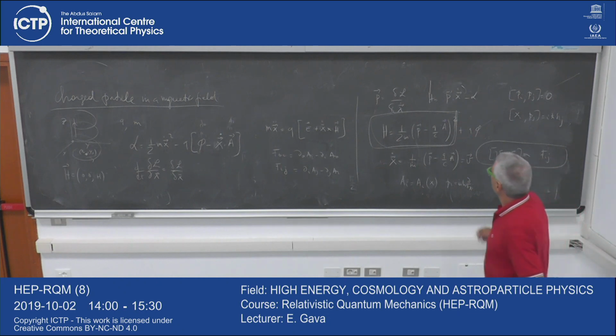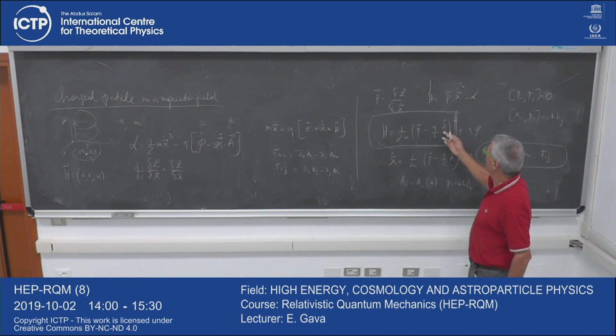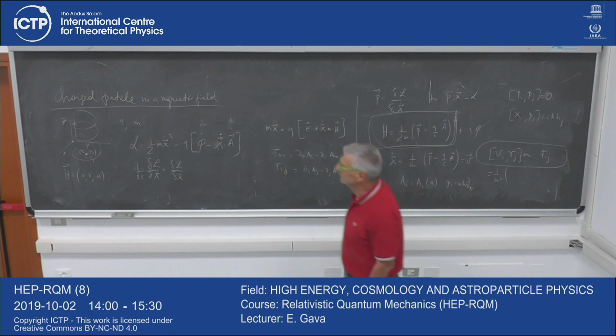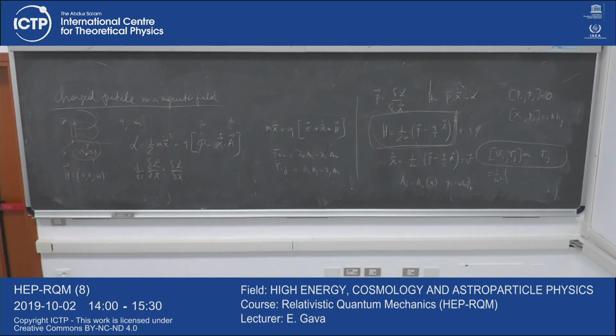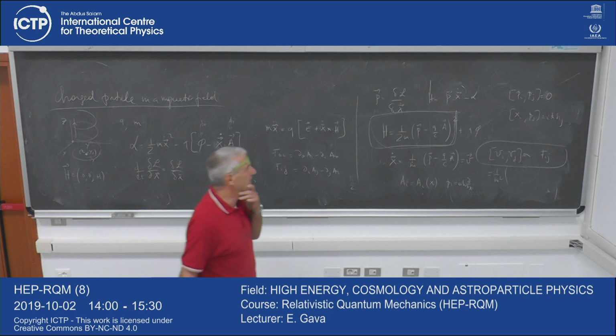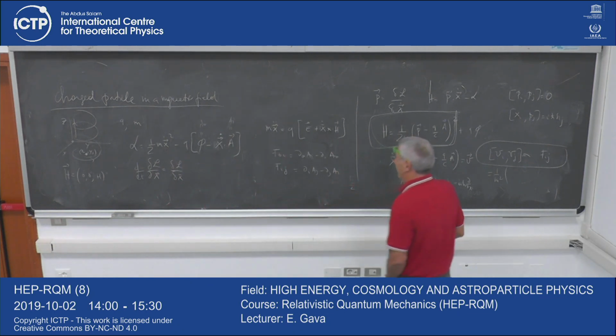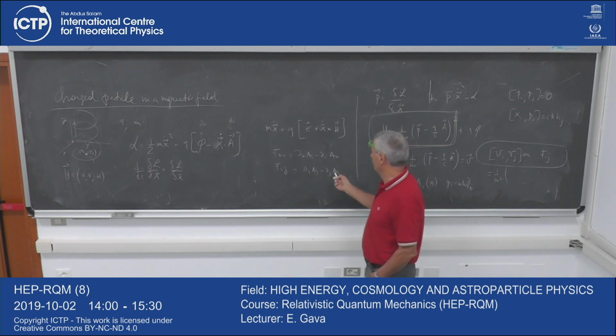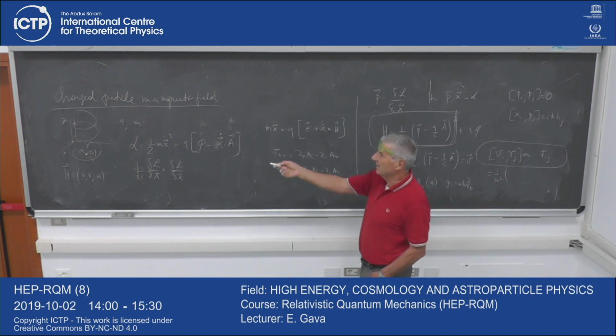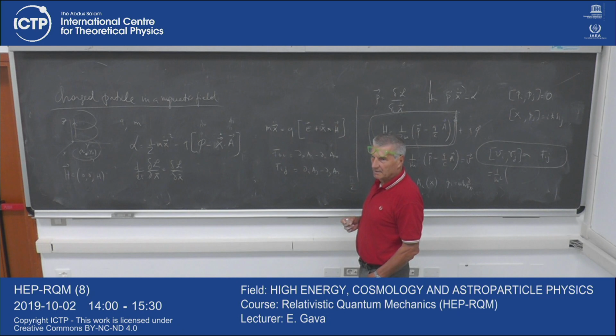Now, what appears here is not the magnetic field but the vector potential. Here comes, of course, an ambiguity, a freedom in this problem, because there are many choices of the vector potential which give rise to the same magnetic field.